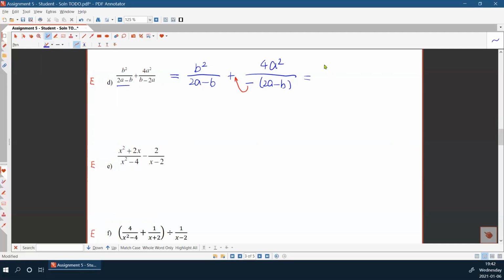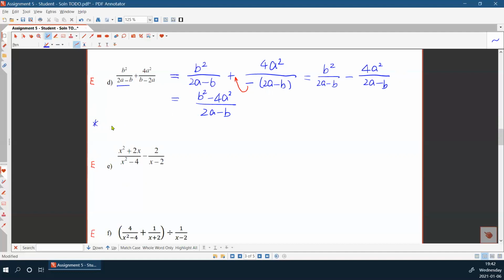And this gives us b squared over 2a minus b, minus 4a squared over 2a minus b, right? So what's left up there is b squared minus 4a squared, right?